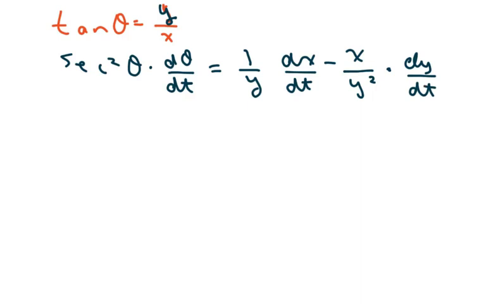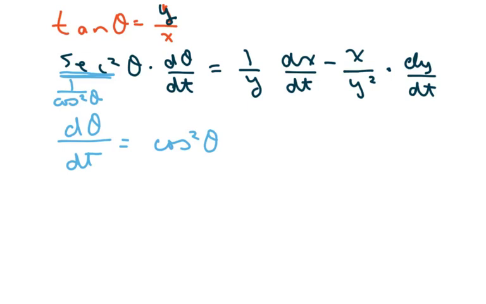Alright, now, so therefore we have the derivative of our angle. This just means secant squared is 1 over cosine squared. So the derivative of our angle with respect to time equals cosine squared times 1 over y times dx over dt minus x over y squared times dy over dt.